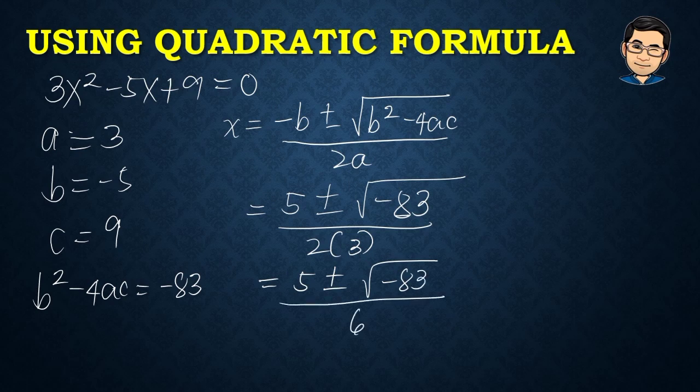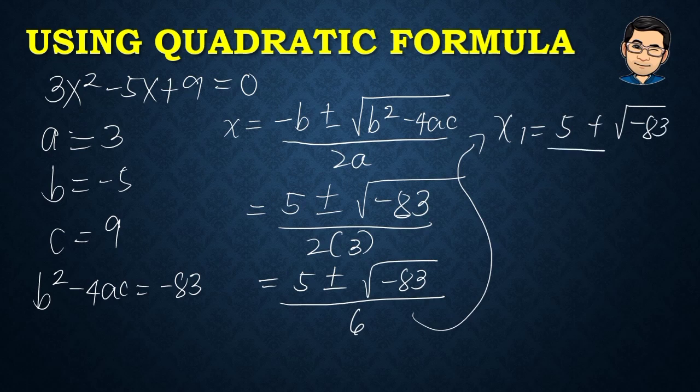So, our x sub 1, 5 plus the square root of negative 83 all over 6. And then x sub 2, 5 minus the square root of negative 83 all over 6.